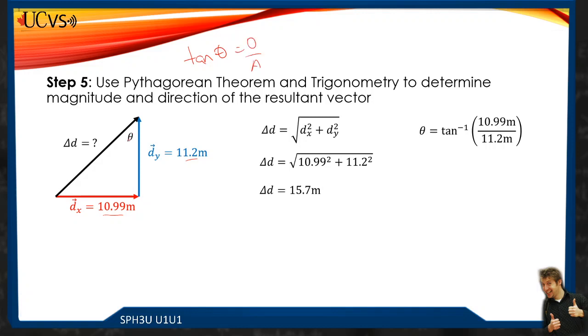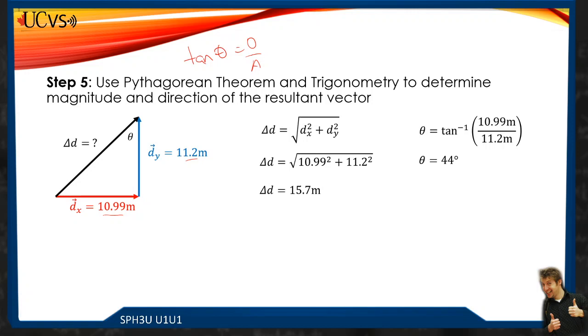If I take the smaller number divided by the bigger number, it's always going to give me a number less than 45 degrees, and we don't have to do extra work. If you get a number greater than 45 degrees, you've got it upside down, just flip it, and we end up with 44 degrees as our final answer. I guessed 45, so pretty close.